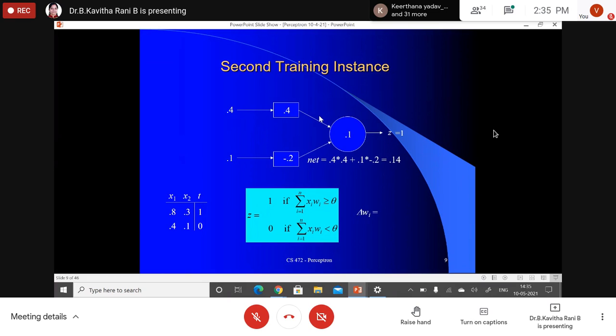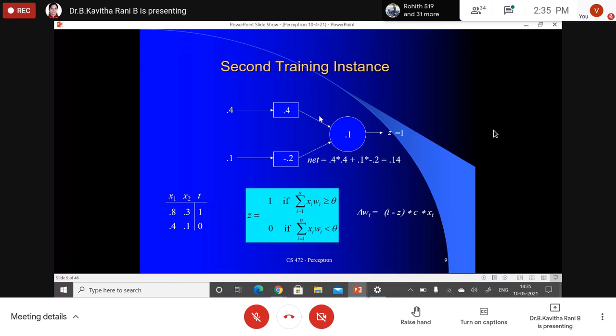Delta Wi is the perceptron training rule used to decrease the error rate. The formula is (t minus z) into c into xi. Delta Wi is the change in value, that is the variation in weights. We have to change the weights here. That is equal to t, which is the target value.